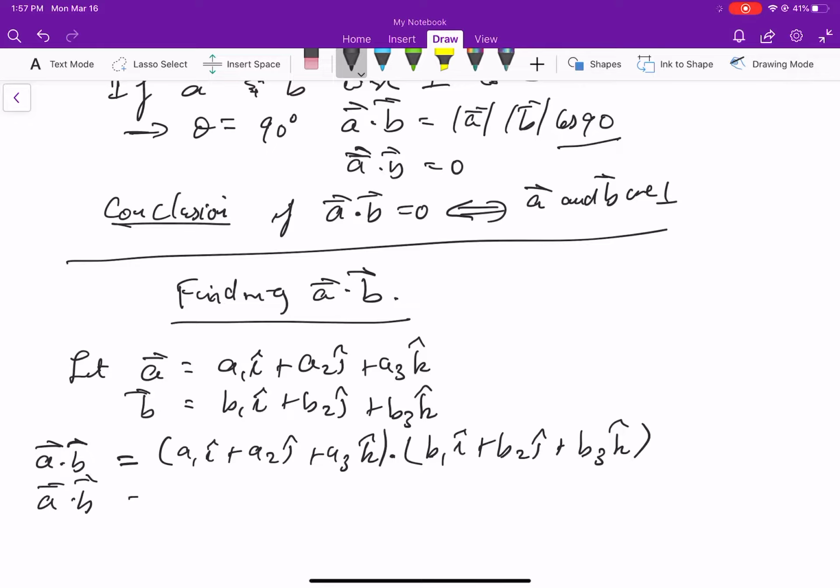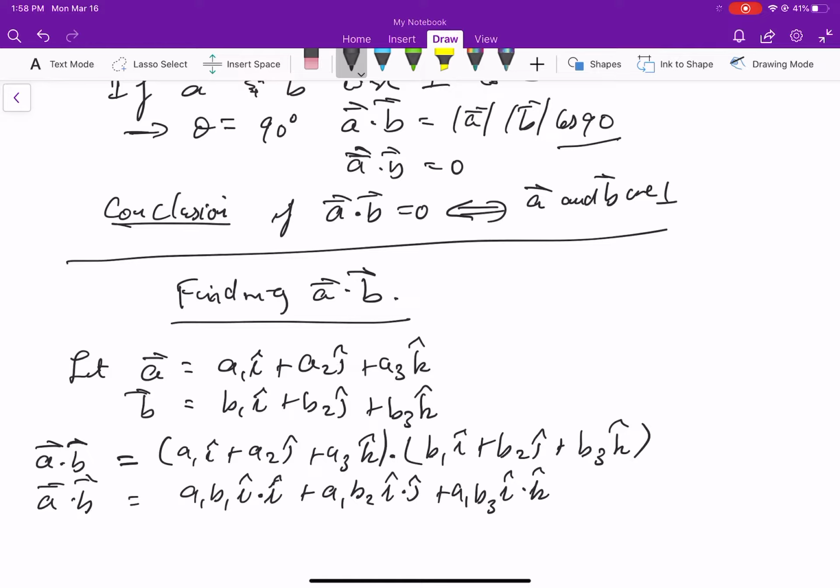A dot B can be written as A1 B1 times i dot i plus A1 B2 times i dot j plus A1 B3 times i dot k.